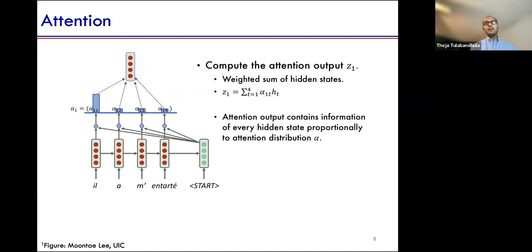They sum up to 1. I multiply 0.7 with the first hidden vector, 0.1 with the second, 0.1 with the third, and 0.1 with the fourth, and then sum them up together. So it's just a weighted sum: the normalized attention weights times the hidden vectors. Let's call it Z1. This is the vector which we think is going to be very useful while producing the first decoded output.